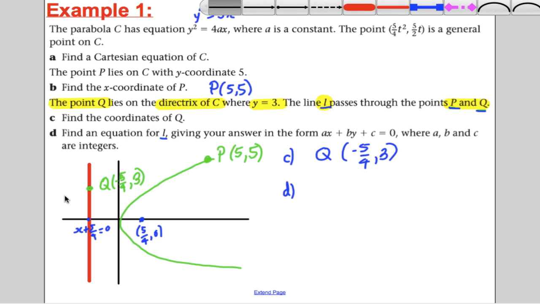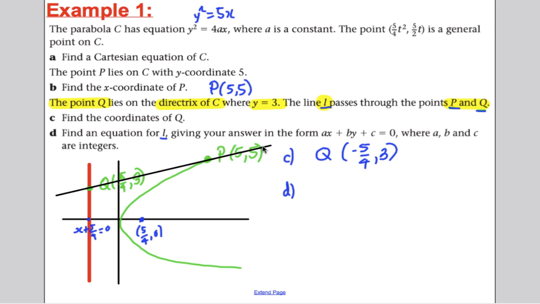We want the equation of the line that goes through P and Q. Now, in general, to find an equation of a line, we can do it quite easily as long as we know the gradient of the line and we know a point on the line. In this case, we're lucky, we actually know 2 points on the line. Q is (negative 5 over 4, 3), and P here is (5, 5). But what we don't know is the gradient, so let's work it out.